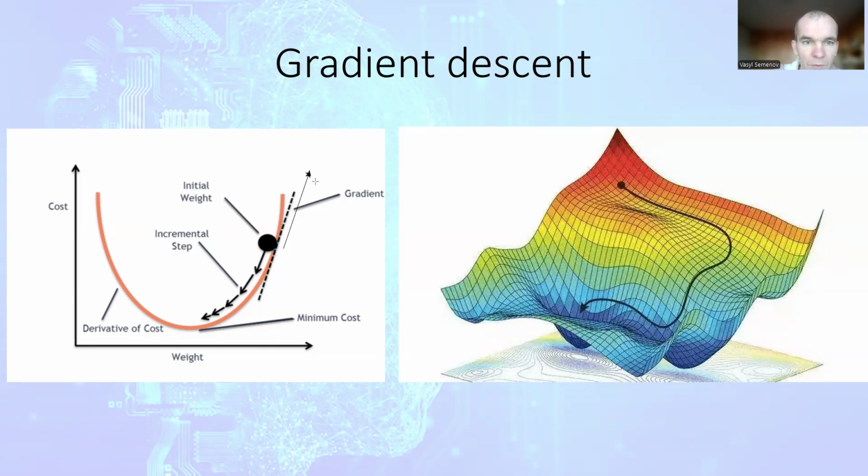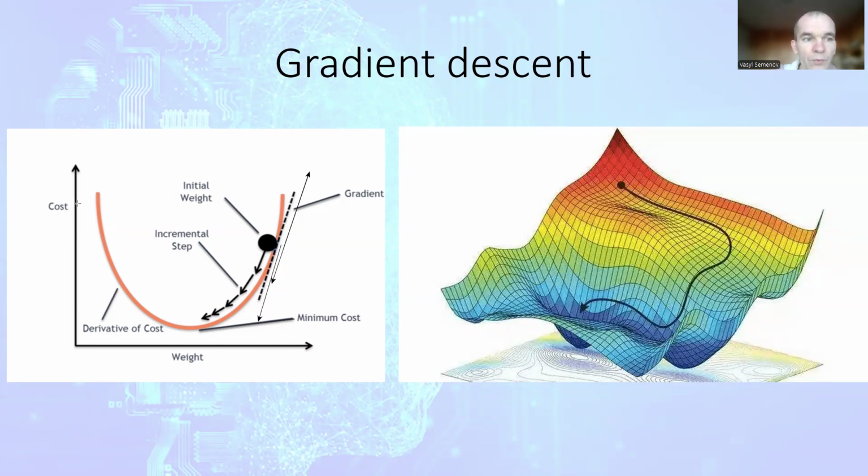But if I want to minimize my function, I should go in the opposite direction: the anti-gradient. It's a gradient or derivative with an inverse sign, with a minus sign. So again, the anti-gradient shows the direction of the quickest decreasing of the function.